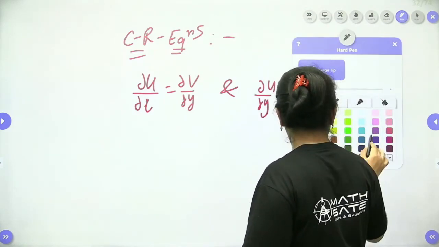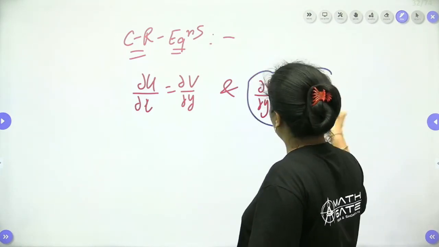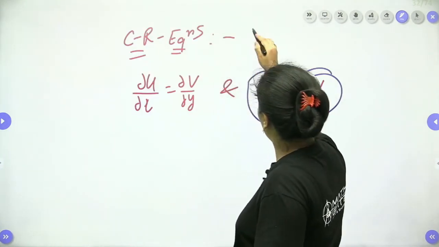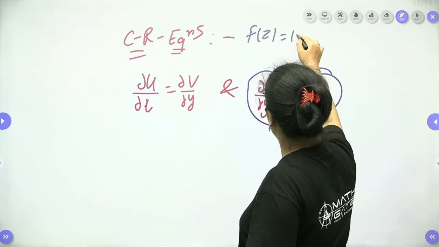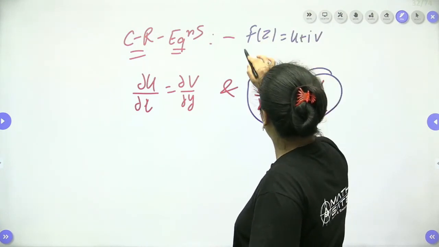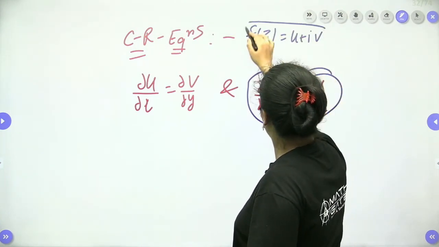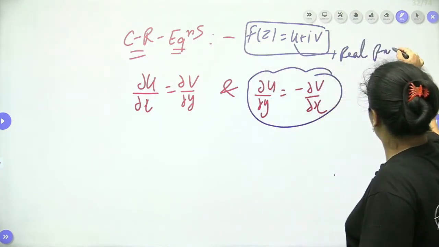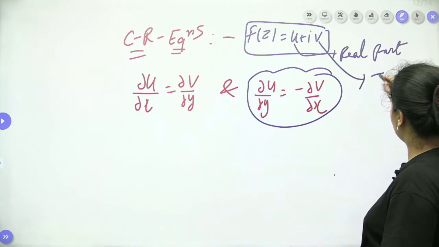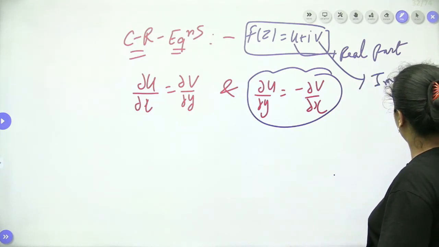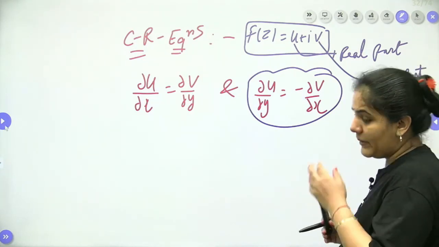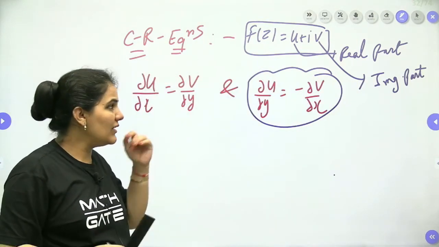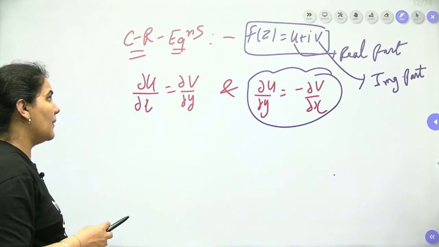Just remember one thing, dear students, that we should have a function like this: f(z) is equal to u plus iota v, where u is the real part and v is the imaginary part. For a complex function we always have two parts, the real part and the imaginary part. So u will be the real part and v will be the imaginary part.